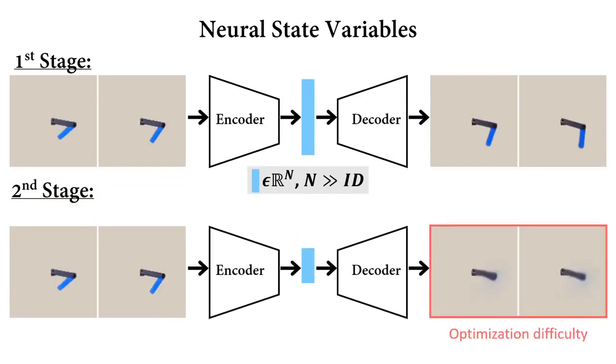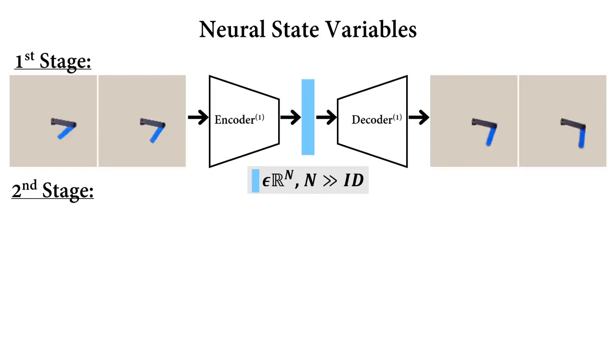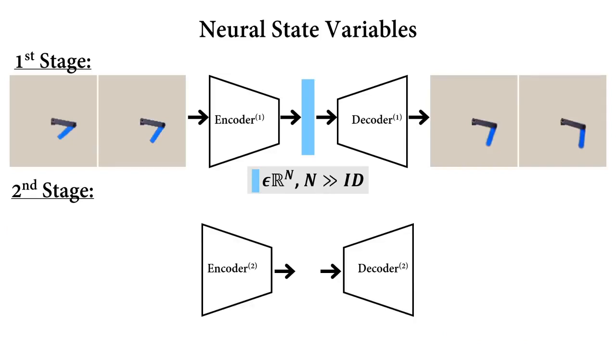As shown here, when directly reducing the latent vector during the training of the first stage to the discovered intrinsic dimension, the network cannot converge to a satisfactory prediction. Such optimization difficulty makes this method ineffective in practice. Instead, we propose to train a second autoencoder network that takes in the pre-trained latent embedding and outputs the reconstruction of that input.